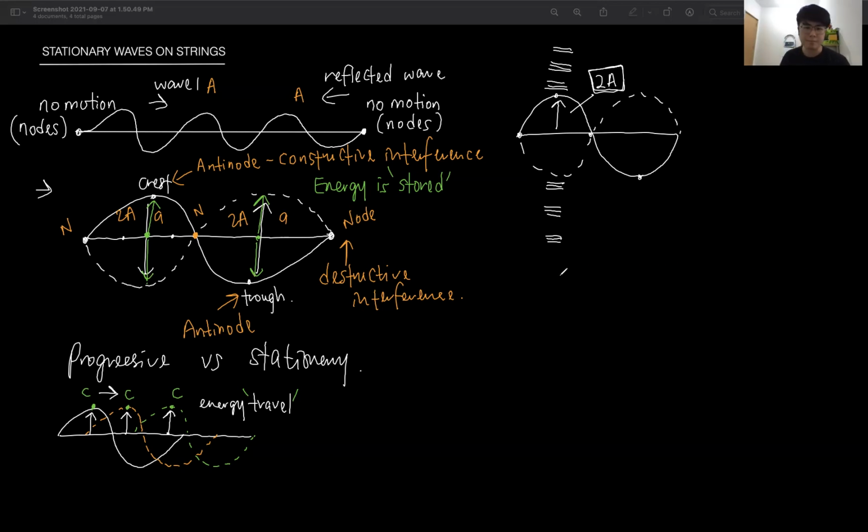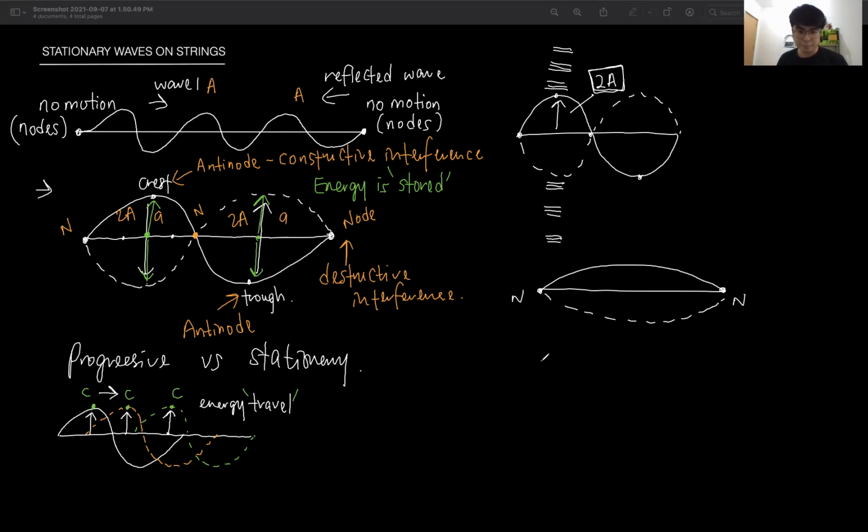The first one and the most basic one is this one. The string goes up and then down like this. This is probably the one you see most, the most common vibration when you pluck it. This is the first stationary wave.